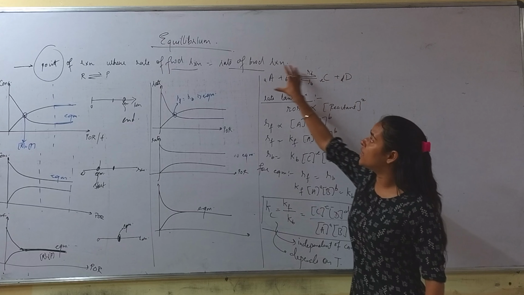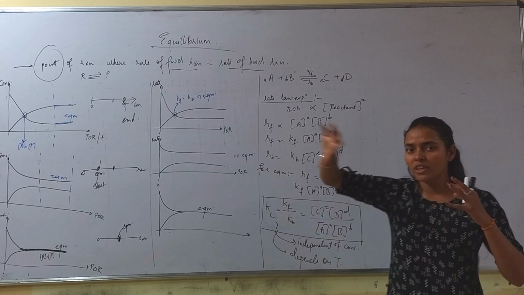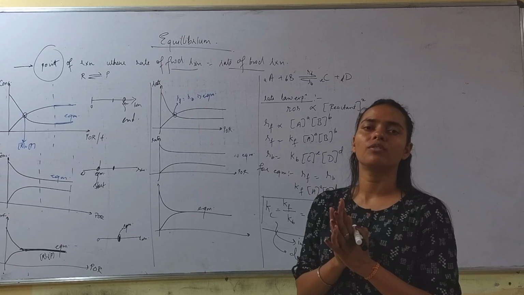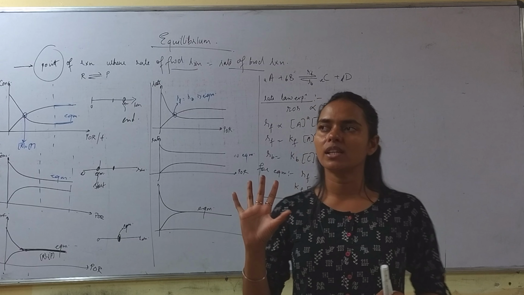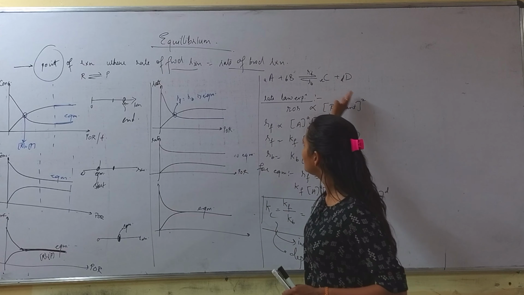The equilibrium is shifted, and the shift of equilibrium is given by one very important theory, which is the law called Le Chatelier's law. Le Chatelier's law says that the shift of the equilibrium is such that it tries to undo the cause of the shifting of the reaction.